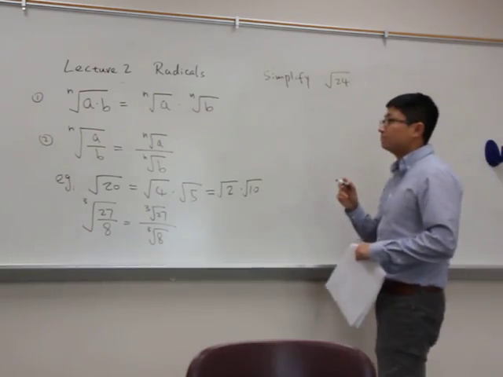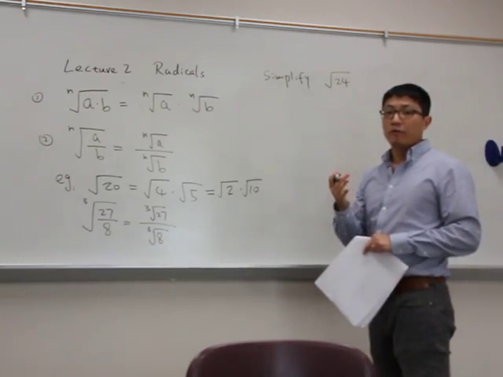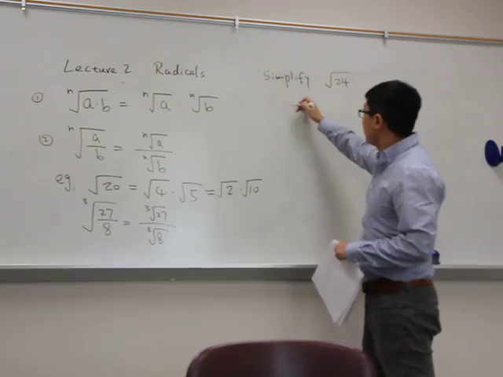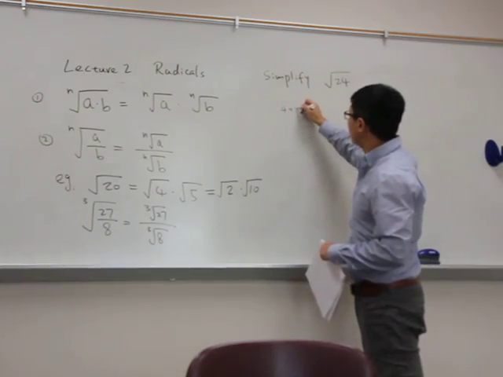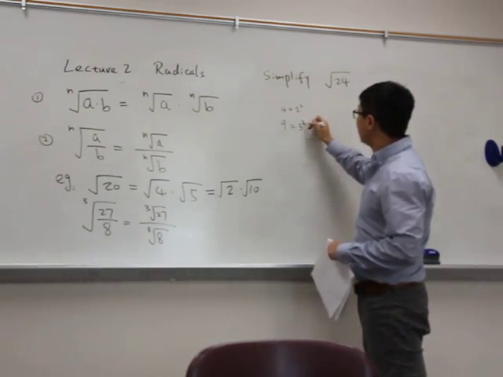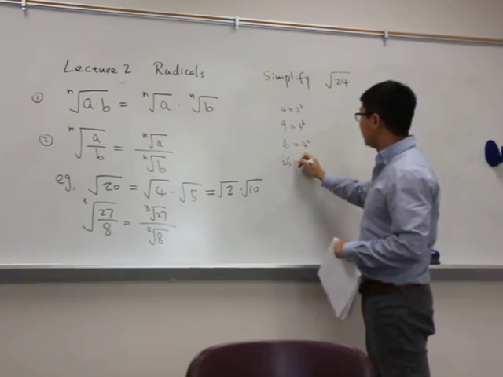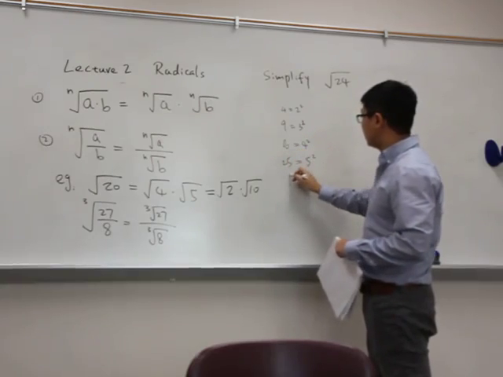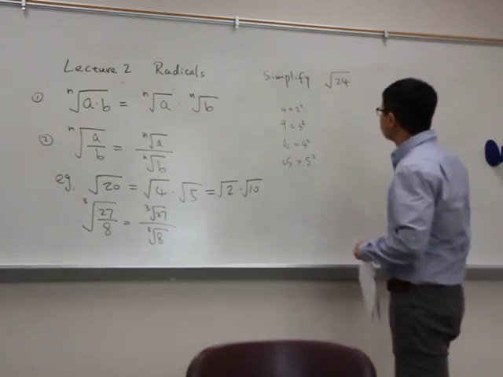Okay, if you forgot what perfect square numbers are, perfect square numbers are like 4 because it's 2 squared, and 9 is 3 squared, 16 is 4 squared, 25 which is 5 squared. So those numbers are called perfect squares.